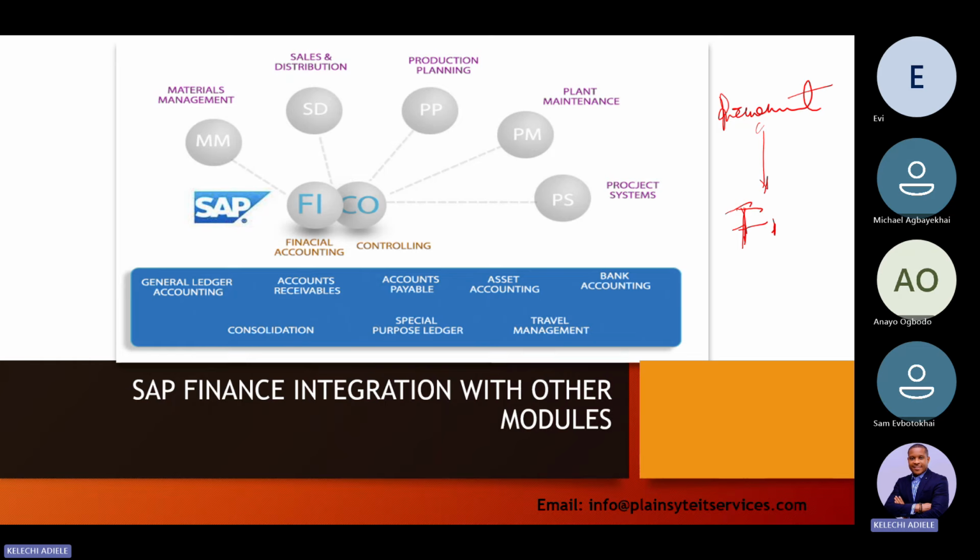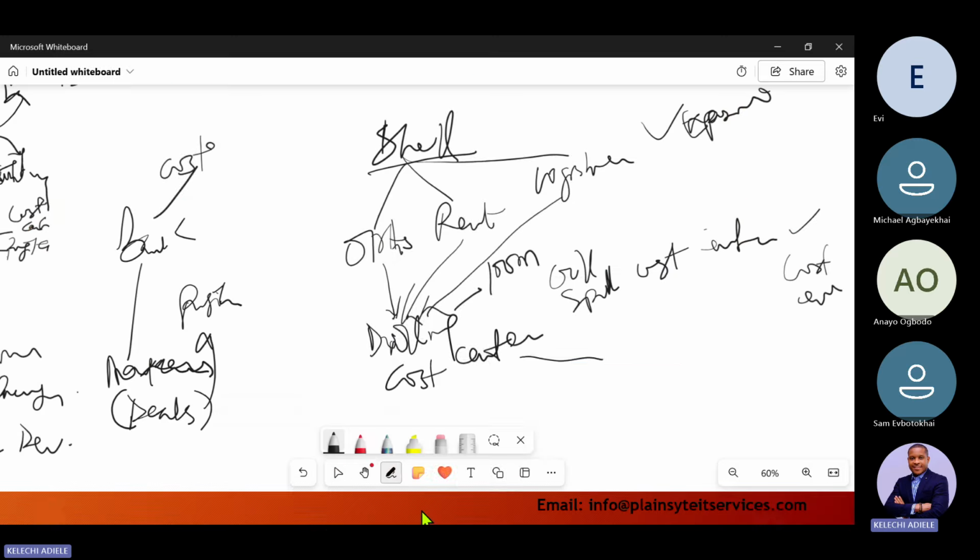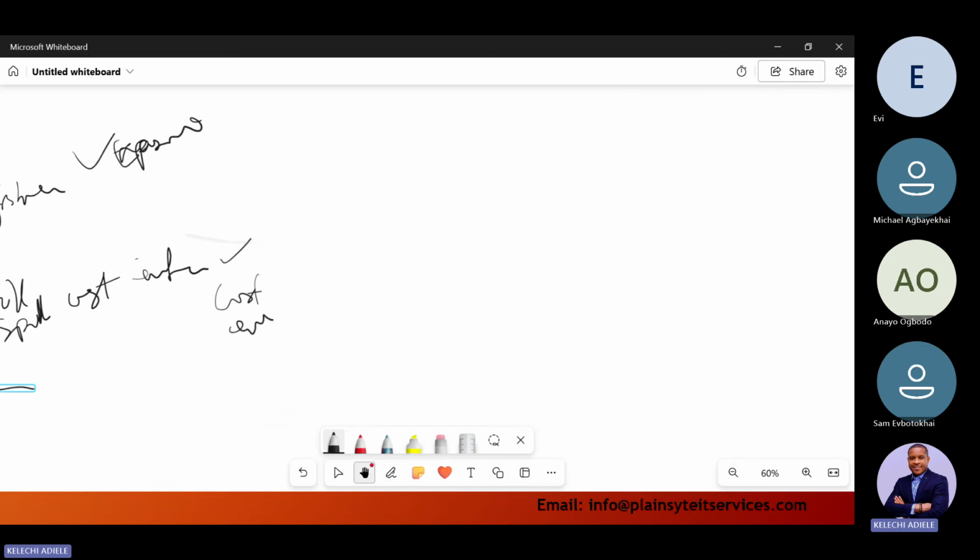However, as they do their work, at some point they will need the finance team to support them. But for the finance team to support them, they will need to pass information to the finance team. And that's the essence of integration. Let me explain this so that you can really understand where these things are.